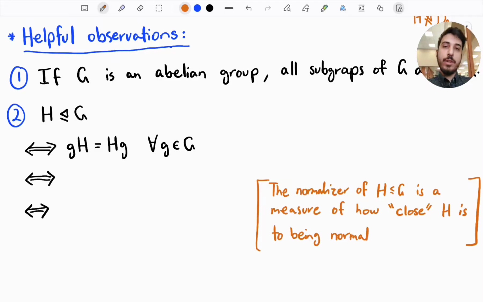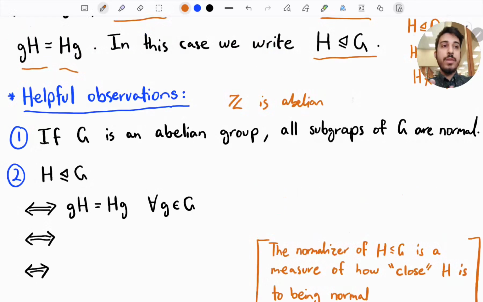There are two helpful observations after the definition of a normal subgroup. The first one being, if you see that G is an abelian group, then automatically all of its subgroups are normal. And why is that? Well, think back to the example of the integers with H being 3Z. We've said that because the addition is commutative, the group Z is abelian. So if we took 0 plus 3Z, the left coset and the right coset are going to be equal.